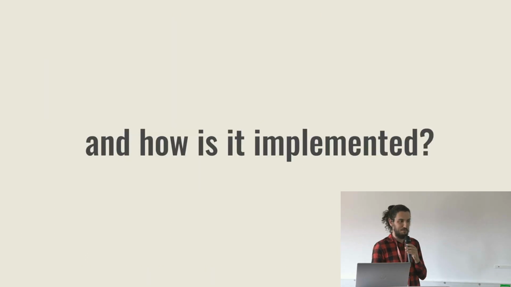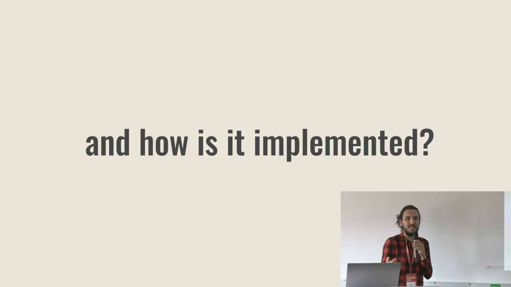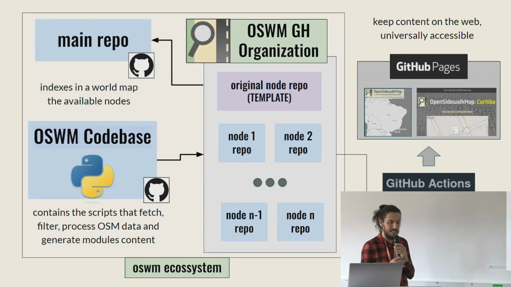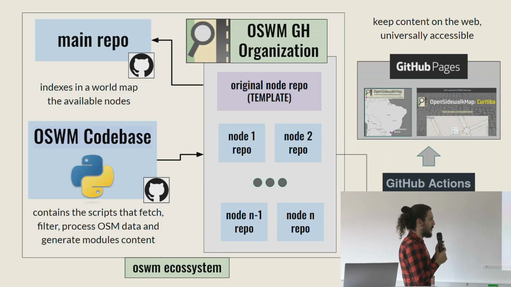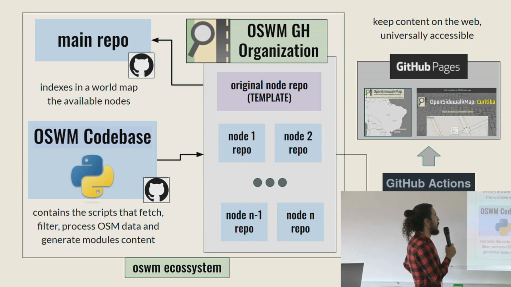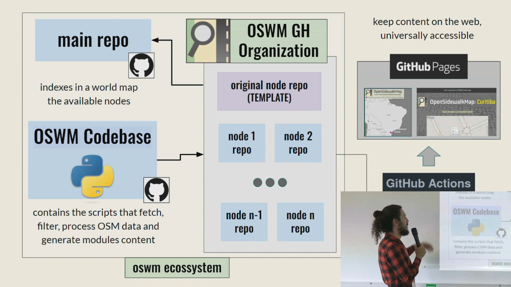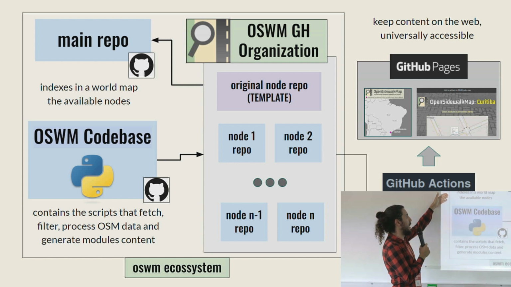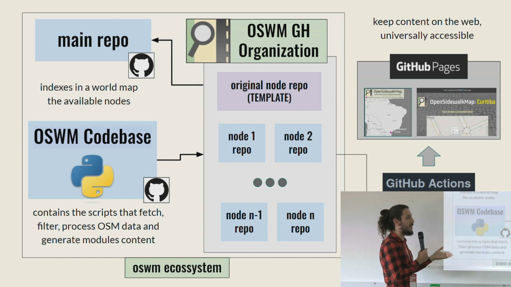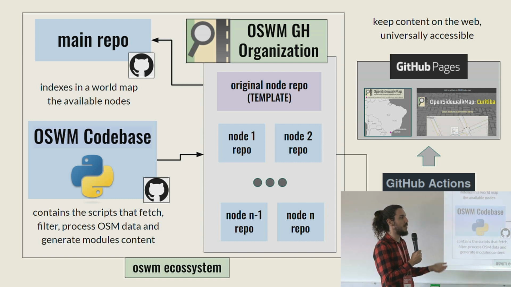And then the part that I think is most important for this Congress, and how it is implemented. So it's all kept on GitHub. There's the main repo where there's the world map indexing the available nodes. And there's the backend, the code base that is a shared submodule, where all functions that fetch and analyze daily OpenStreetMap data.